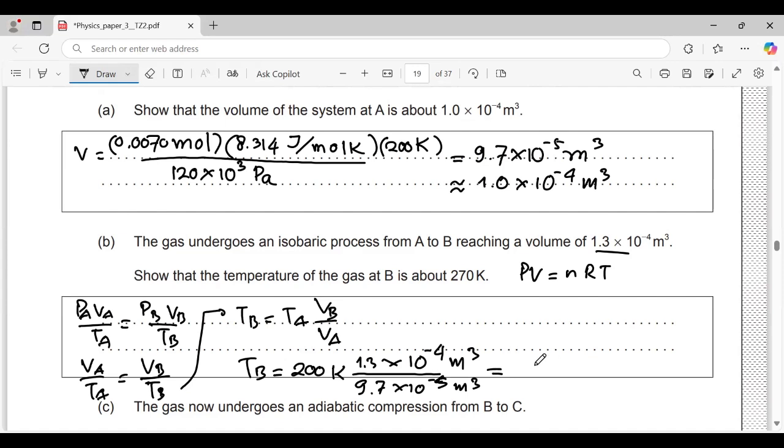The result is 26.8 times 10 Kelvin, or 268 Kelvin, or round off to become 270 Kelvin. Same as this statement.